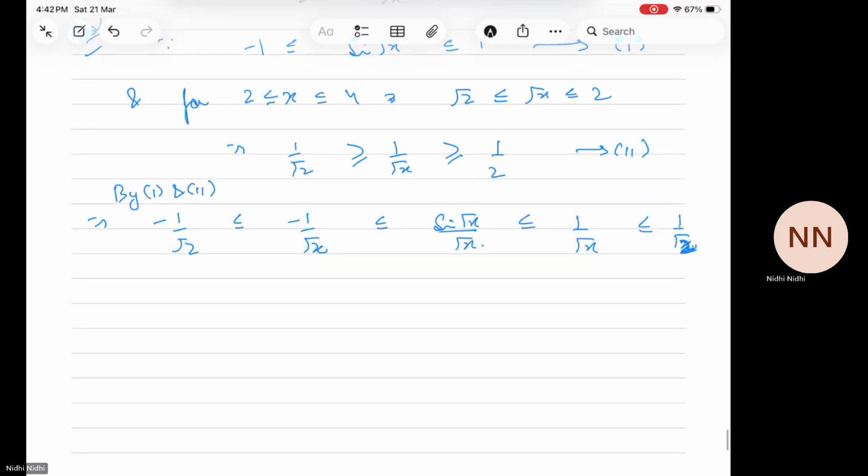So, therefore, we get -1 by root 2 is less than or equal to sin(root x) by root x less than or equal to 1 by root 2 for every x in 2 to 4.